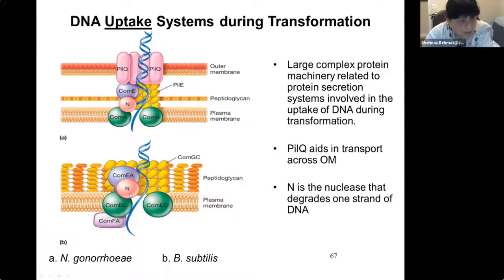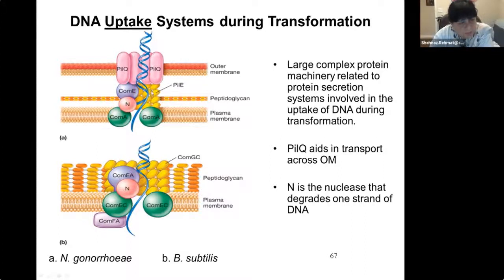There may be extra ones here, but remember the N is an important factor of the transport system, which is a nuclease. The nuclease is associated with the transport system and will degrade one strand of the double-stranded DNA that is entering into the cell. So the N is common.